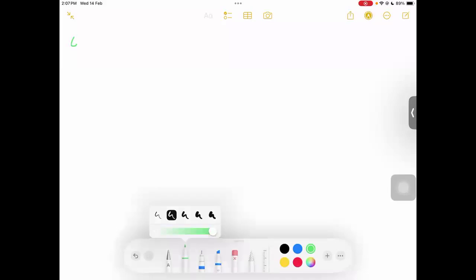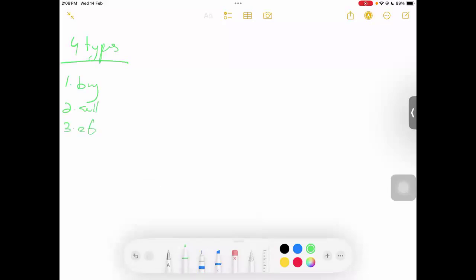Okay. For my technique, I use only 4 types of setup. The 4 types are: first is buy, second is sell, third is EF, and fourth is down.